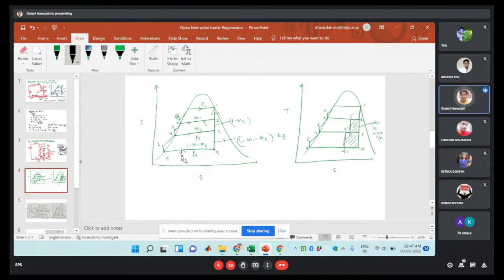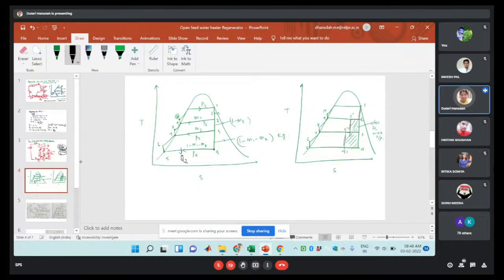So this amount of work is lost if we are drawing some amount of heat from that turbine. Okay, so this is the loss in work output. Got my point? In the form of equations we will find out later on.